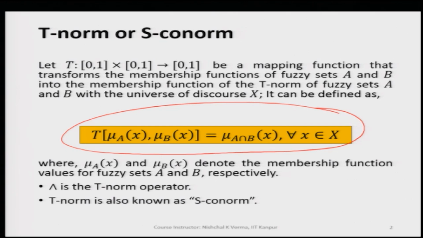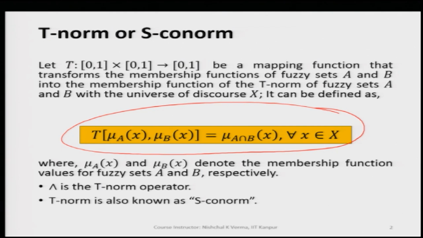This means that if we apply T norm or S co-norm on pairs of membership values mu A of x and mu B of x, this is going to be mu A intersection B of x for every x belonging to the universe of discourse.